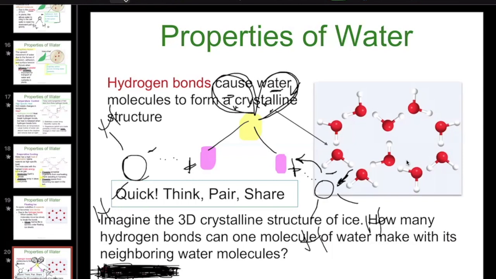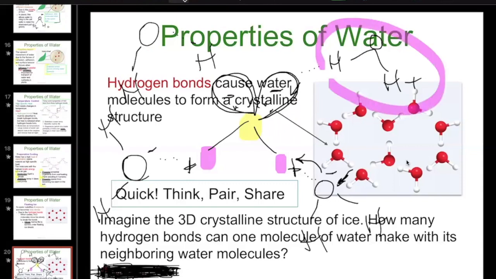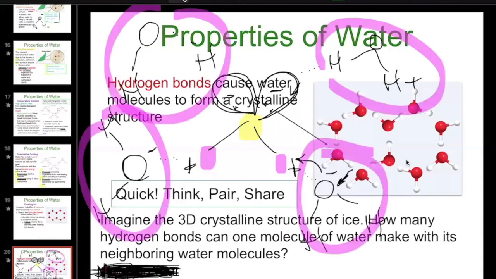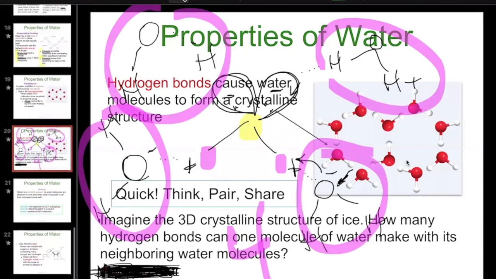So that means this then is also going to find a slightly positive hydrogen, and this is also going to find a slightly positive hydrogen. So that is 1, 2, 3, 4 other water molecules that every water molecule can bind to. That tends to be why surface tension is so high with water, because it can form all of these different bonds.